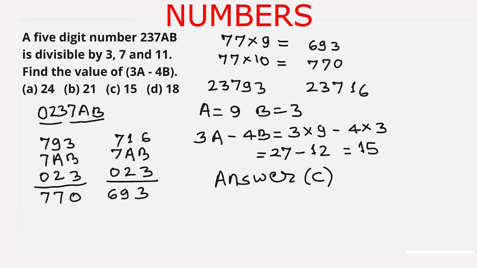I hope you have understood the method of solving such type of question and the 3 digit difference rule for finding the divisibility of 3, 7 and 11. We go to the next question.